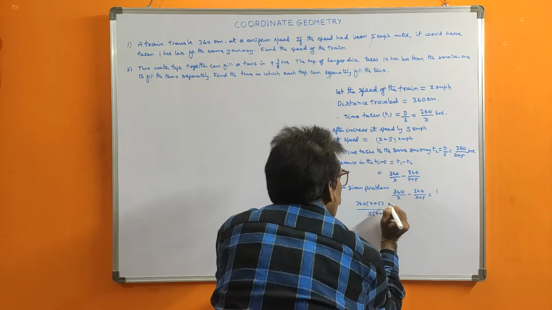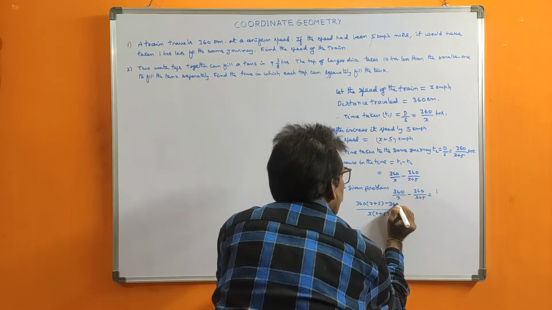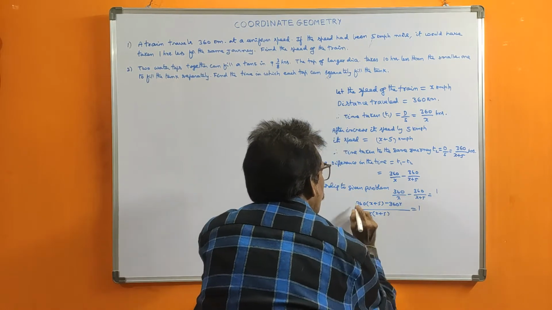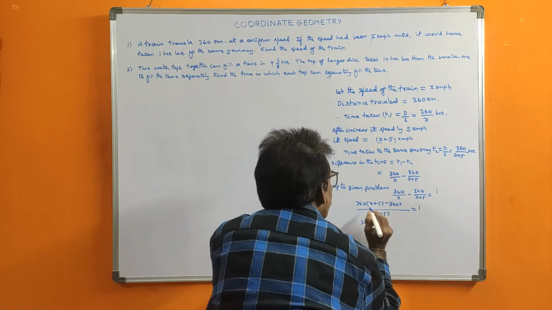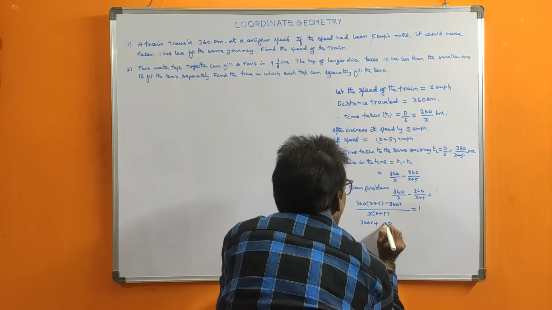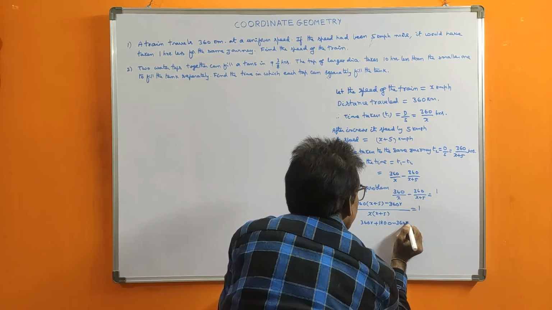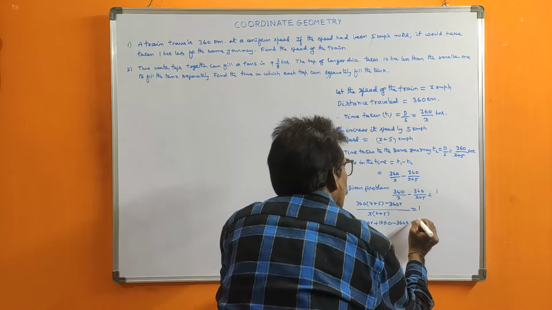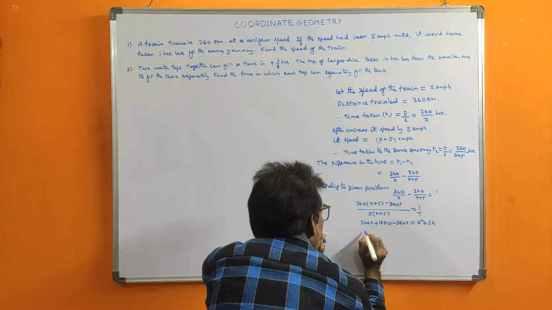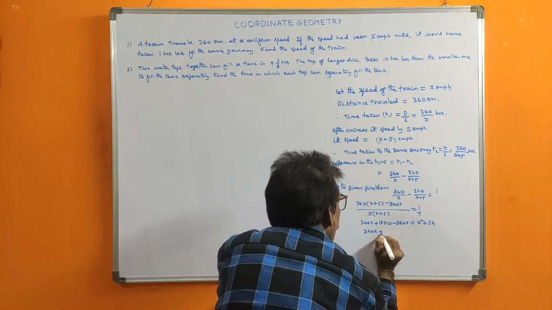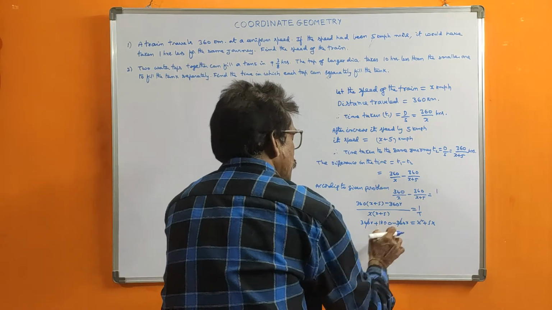So 360 into x plus 5 minus 360 into x is equal to 1 times x into x plus 5, by cross multiplication. So x into x plus 5 is x square plus 5x. So 360x plus 1800, and the 360x cancels with minus 360x.